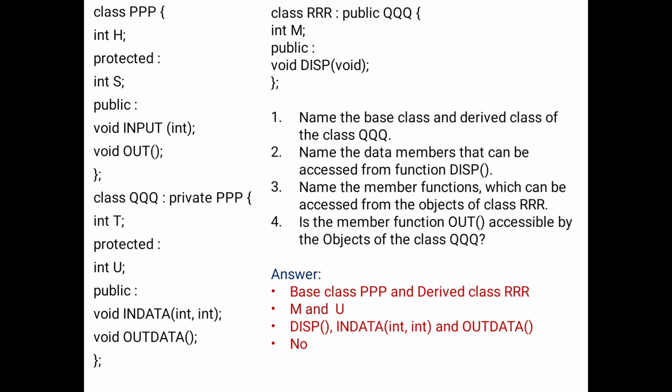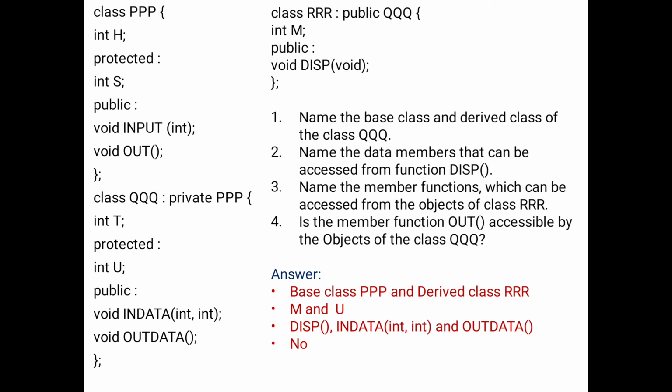However, the protected int s can be accessed by this class QQQ. But when this int s is written inside the class QQQ, since the access specifier is mentioned as private, the protected data member int s will change from protected to private, as the class QQQ, using the colon, is inheriting the class PPP as private.